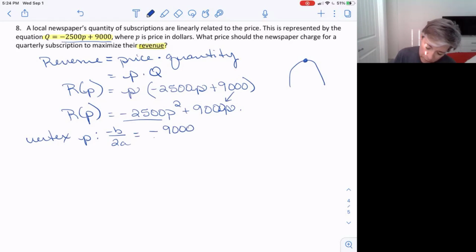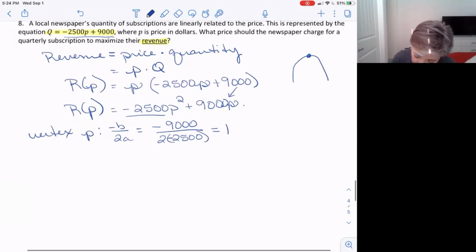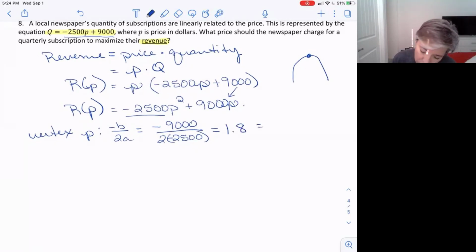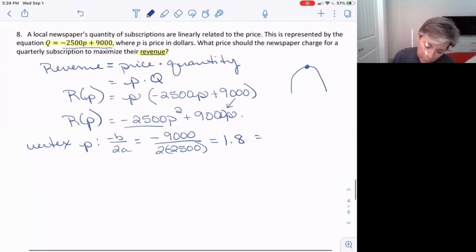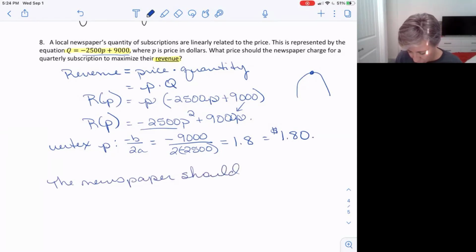Divided by 2 times negative 2,500. And that gives us 1.8. And if the p is in dollars, then it would be $1.80. So the newspaper should charge $1.80 to maximize revenue.